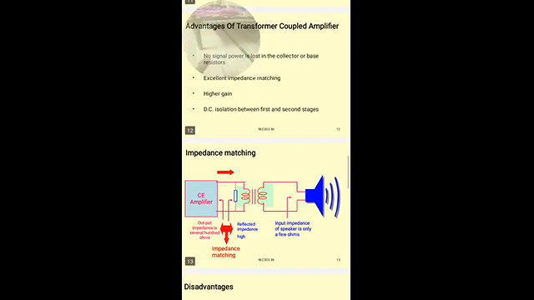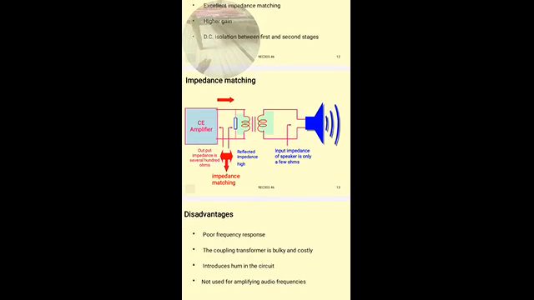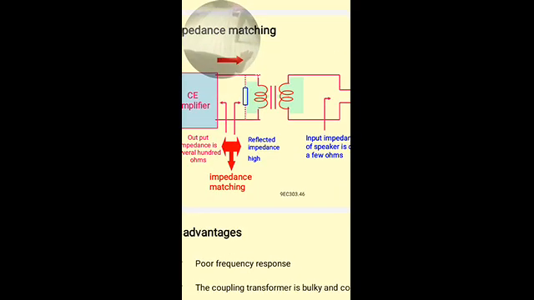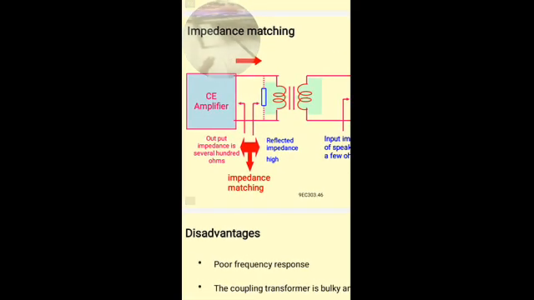And DC isolation, that is, the biasing conditions of one stage will not affect the next stage, because the transformer will not allow the DC. So we can achieve DC isolation using transformer coupling. Here we can see how the signal gets reflected.